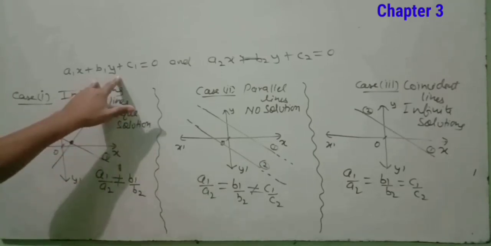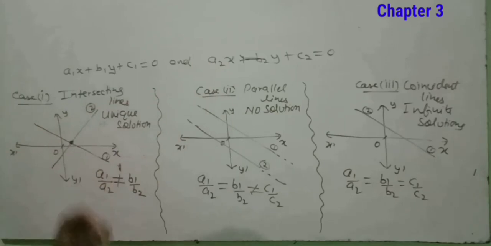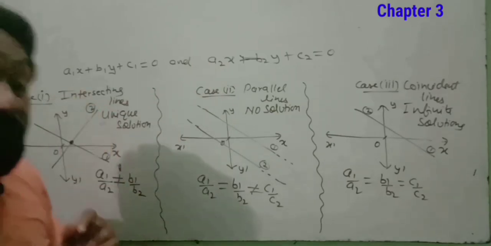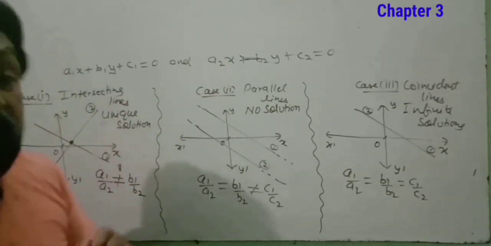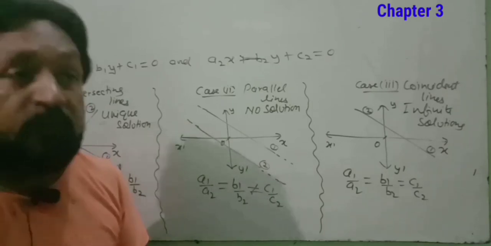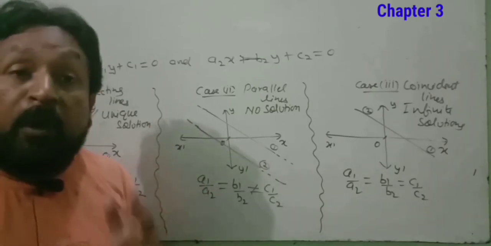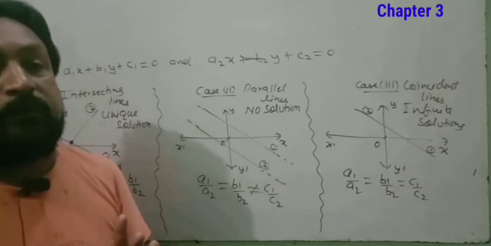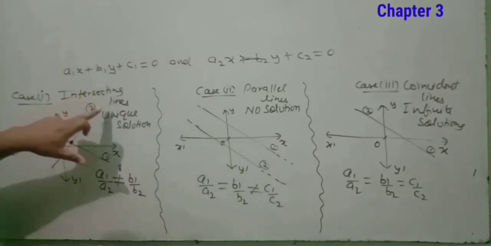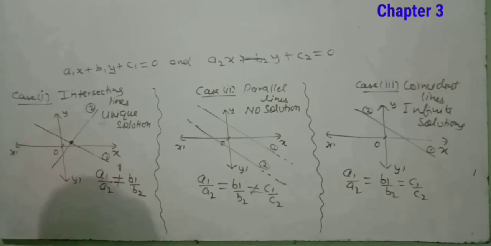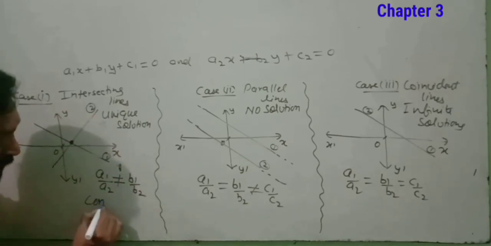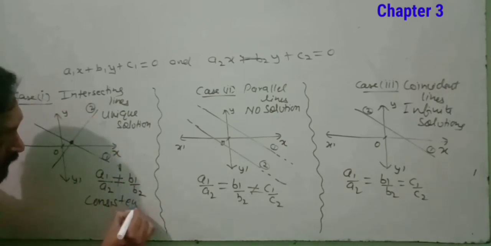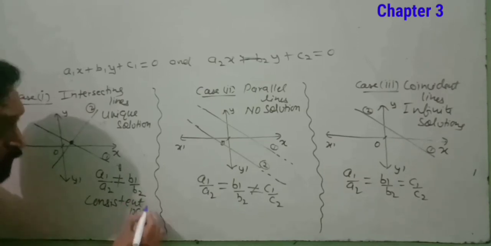When a pair of lines is given to us, in which case will they be consistent and in which case inconsistent? So first of all, understand the meaning of consistent. A pair of lines is said to be consistent if it has at least one solution. See here, intersecting lines have one solution, so they are a consistent pair. Understood?